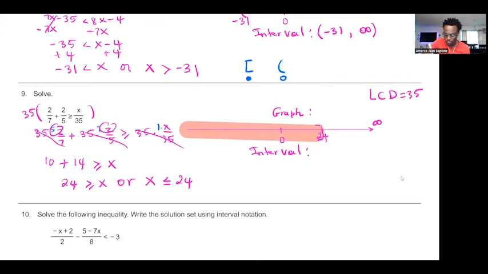Everything on the left side of 24 is the solution for this problem.